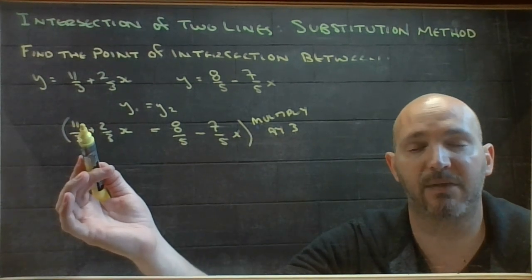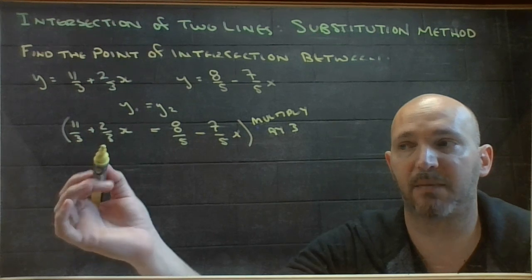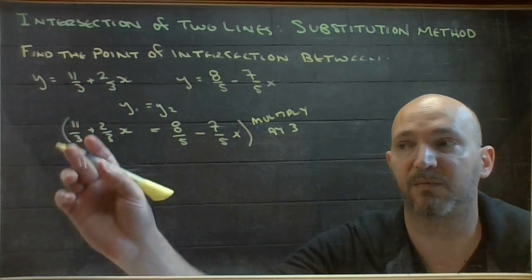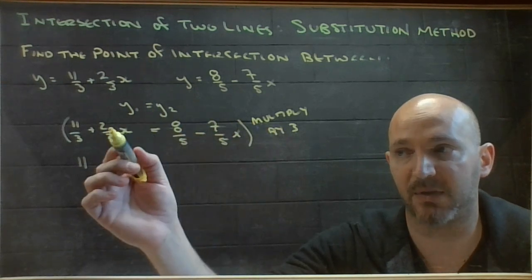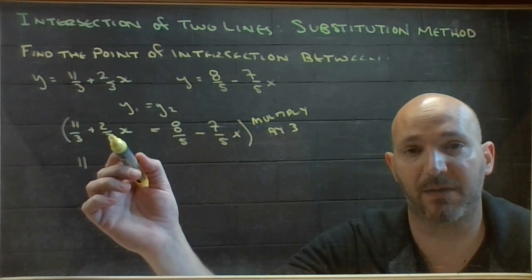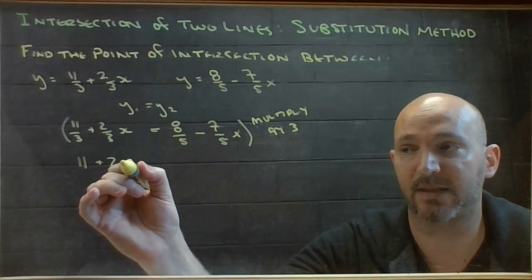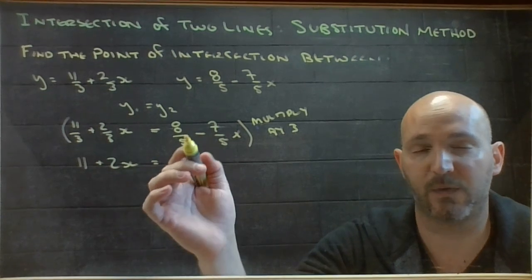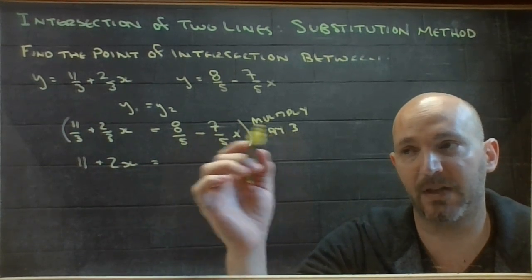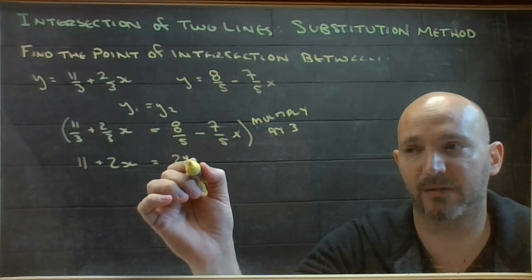3 times 11 would be 33, divided by 3 gives you 11. So that denominator has been eliminated. 3 times 2 is 6, divided by 3 is 2. So that denominator has been eliminated. Now over on this side, I've got 3 times 8, which is 24.